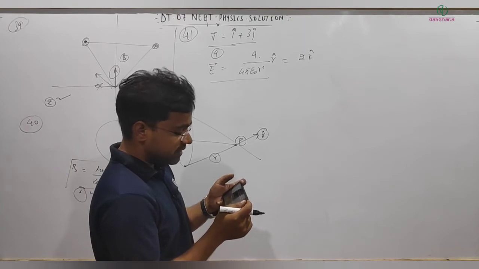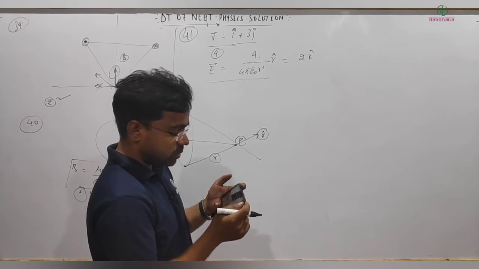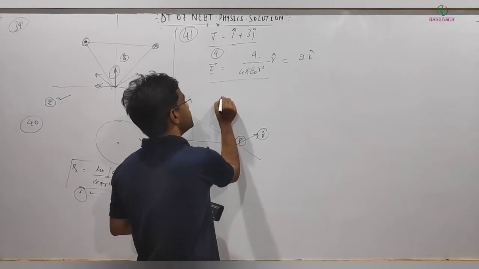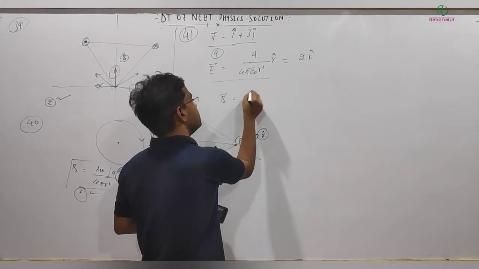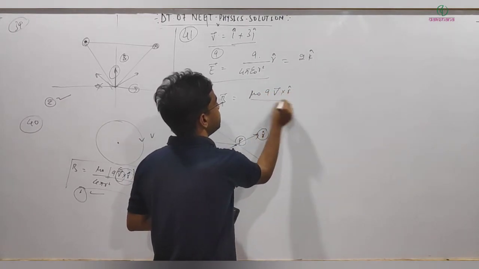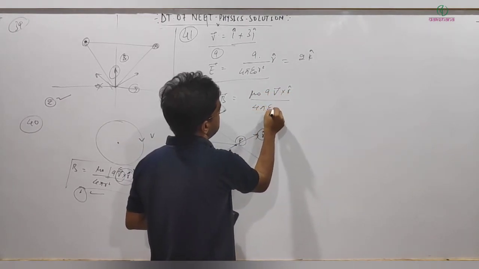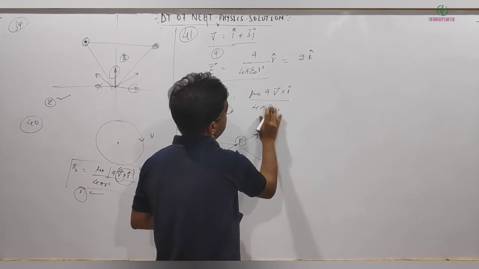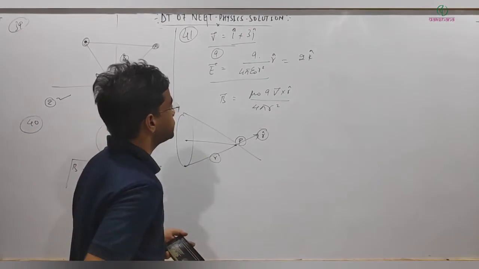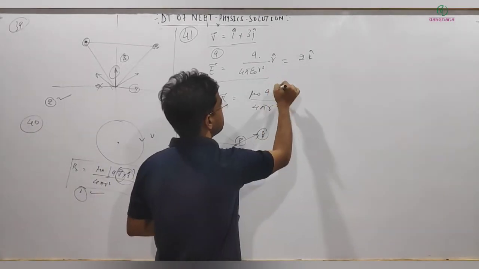It will produce a magnetic field at that point, with all quantities in SI units. So now the magnetic field B bar can be written as mu naught into Q V bar cross R cap divided by 4 pi R square, right? I just need to substitute the values from here.